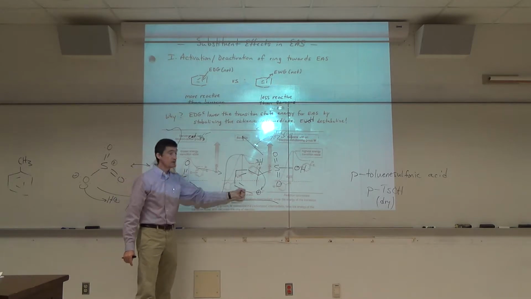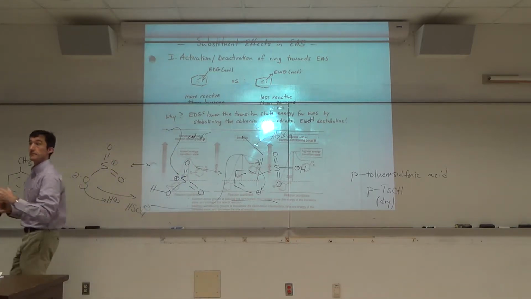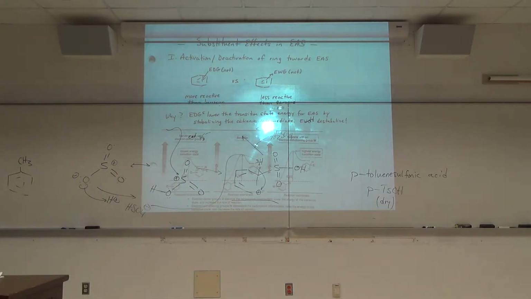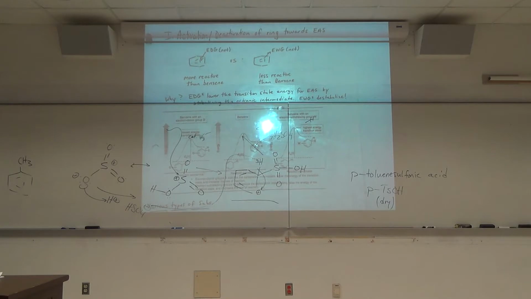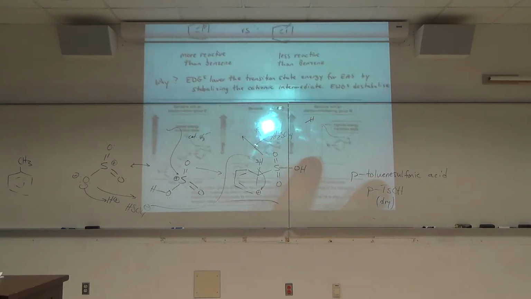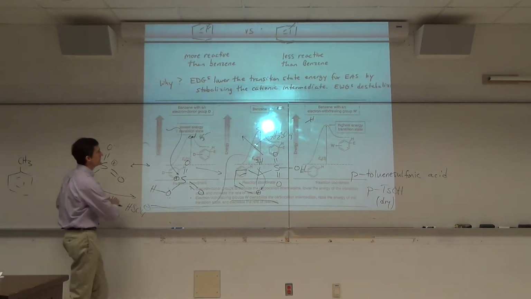It's going to be less willing to form your intermediate. Question, Kevin? If you have multiple, like if you have an electron donating group and an electron withdrawing group. We'll have to look at multiple groups. We'll do that, sort of at the end. Okay. Well, what I just explained is shown here with these reaction coordinate diagrams.